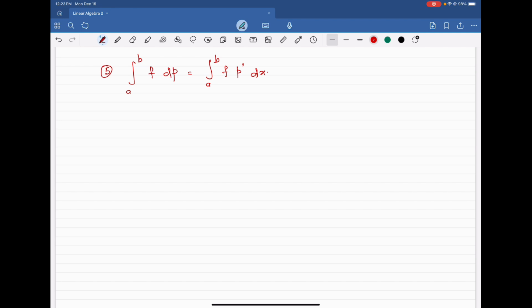This is also a very, very important theorem from integral calculus.